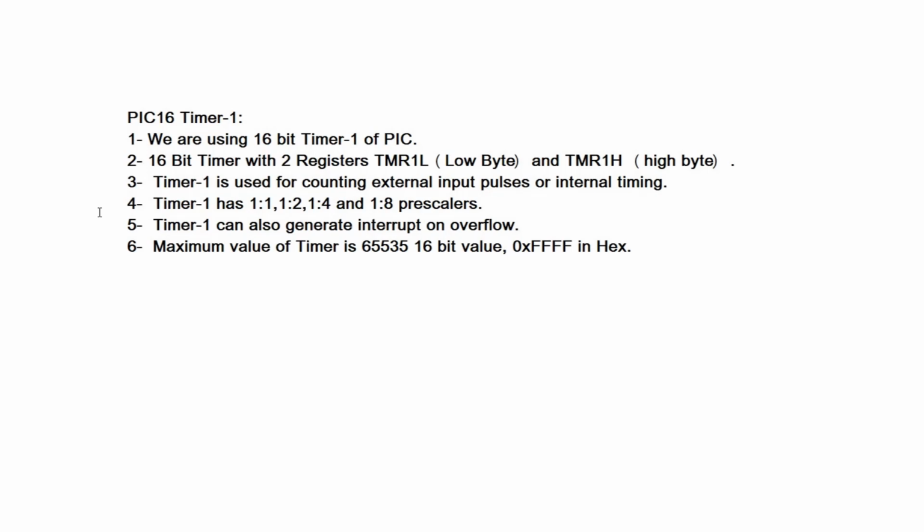PIC timer 1: we are using a 16-bit timer of PIC16F877A. Basically this timer is a 16-bit timer, so it has two registers for keeping the 16-bit count, which are TMR1L, taking the 8 low bits, and TMR1H, taking the high byte of timer 1.